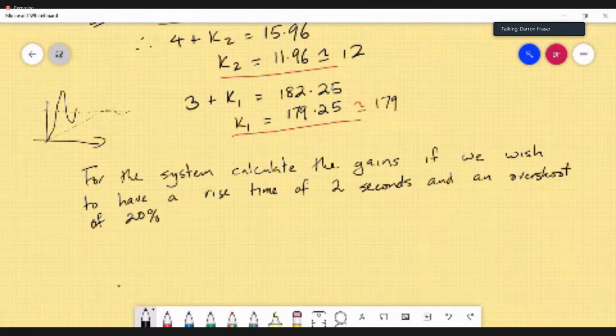But more on that. All right, so rise time of 2 seconds and overshoot of 20%. So we go back to the formula. What did we say?